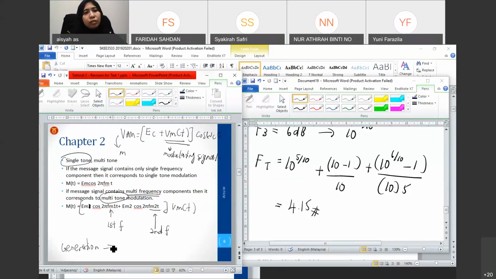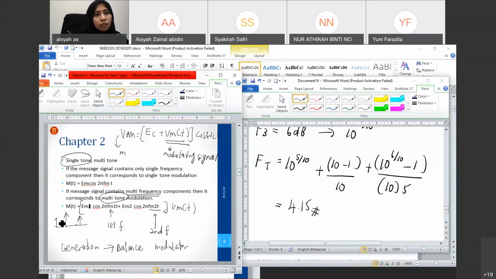We have the balance modulator, and we have the direct and indirect generation for the AM modulations. You also need to know about the frequency spectrum.